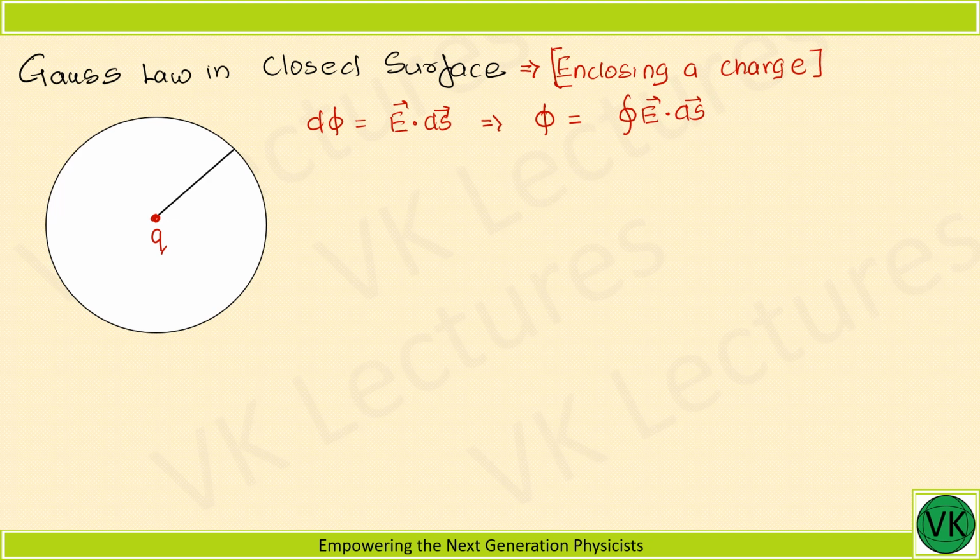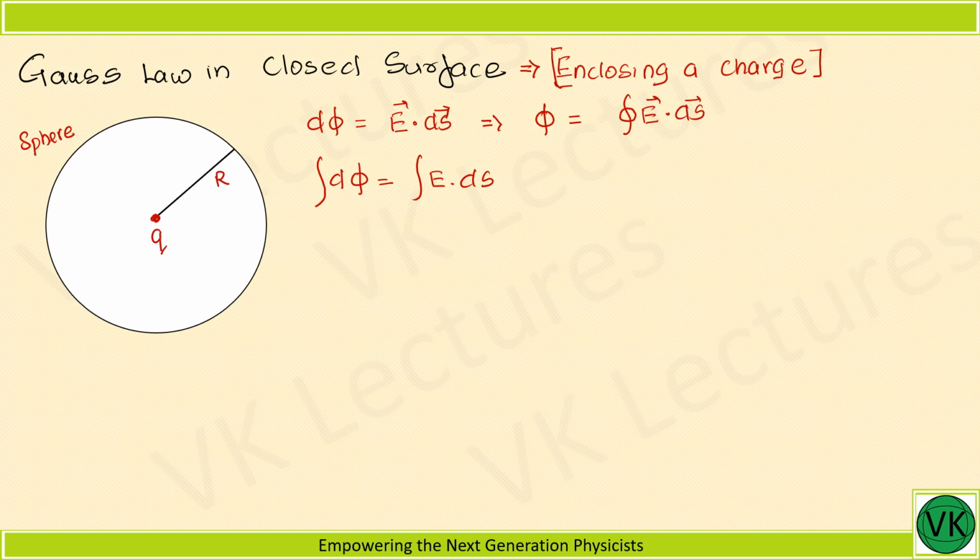So here this is a sphere of radius capital R enclosing a charge small q. Now d phi is equal to E dot ds, and the total flux phi can be written as integral d phi, which is equal to integral E bar dot ds bar.